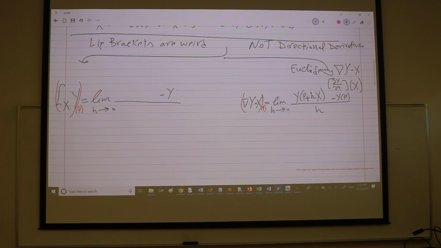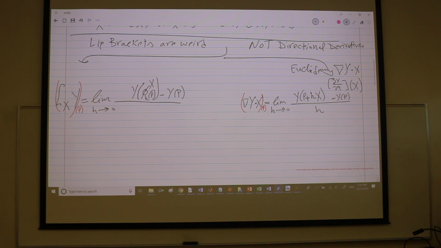So I'm going to subtract from y at P, and I need to perturb P a little bit. How to perturb P in the direction of X in differential geometry? What's the language? The flow. Very good. The flow from P along X for some time, T or h, the way you define.